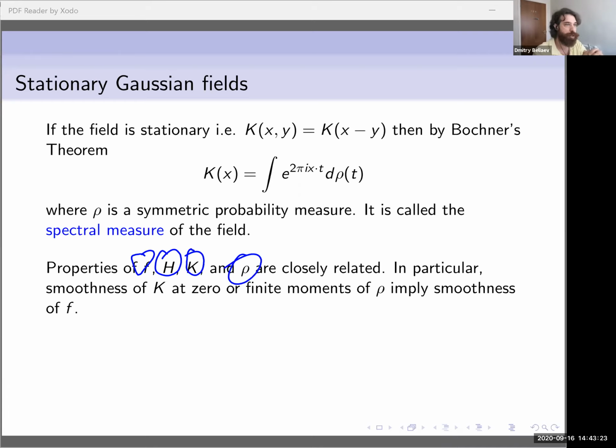Sometimes they're easier to describe in terms of covariance kernel and so on. There are some simple connections. In particular, if K is smooth, then F is smooth. And corresponding thing is that spectral measure has finite moments.